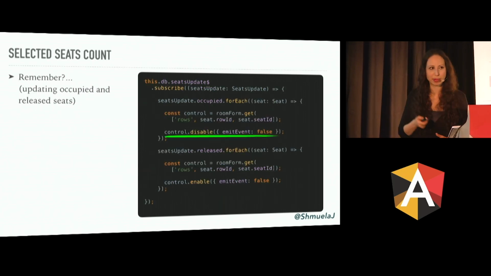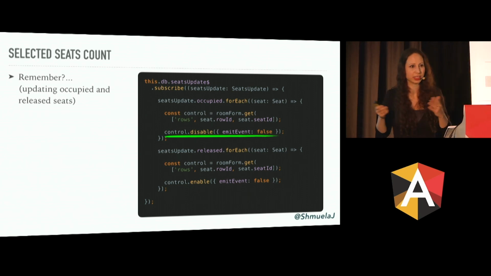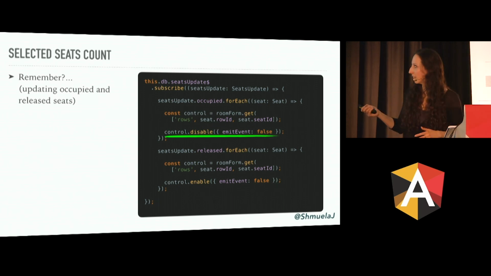And for this, remember I was talking about emit event false. If it emits an event, then it messes up our count. So this is important to use here and also here when we're enabling the seats.